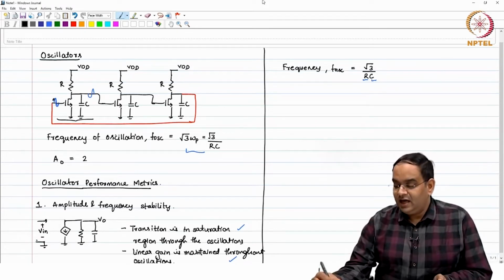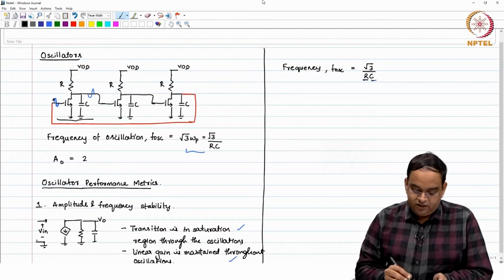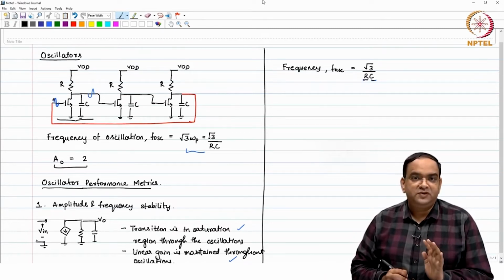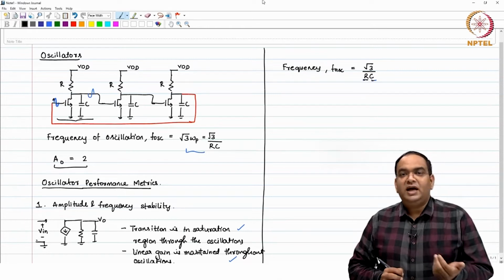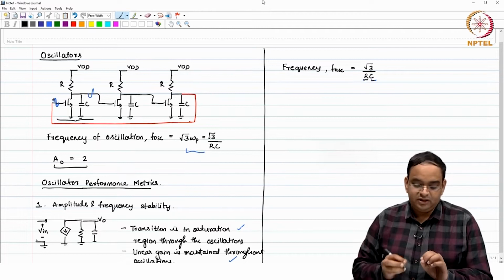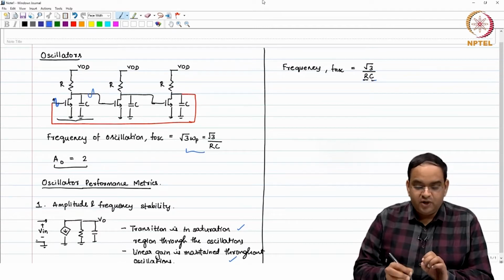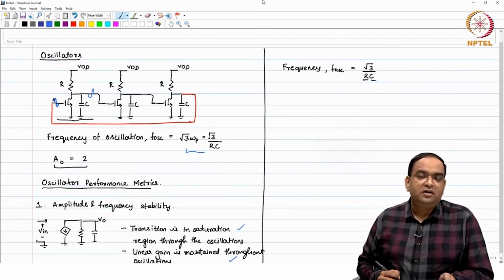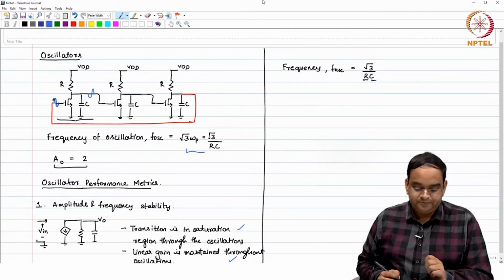So, if you maintain R and C fixed and you maintain your DC gain of each stage as 2, the frequency will not vary, but what the amplitude is going to be, that is not fixed, because it depends on how much overdrive you have biased the transistor, and what kind of signal swing you have in the beginning when the oscillations build up.